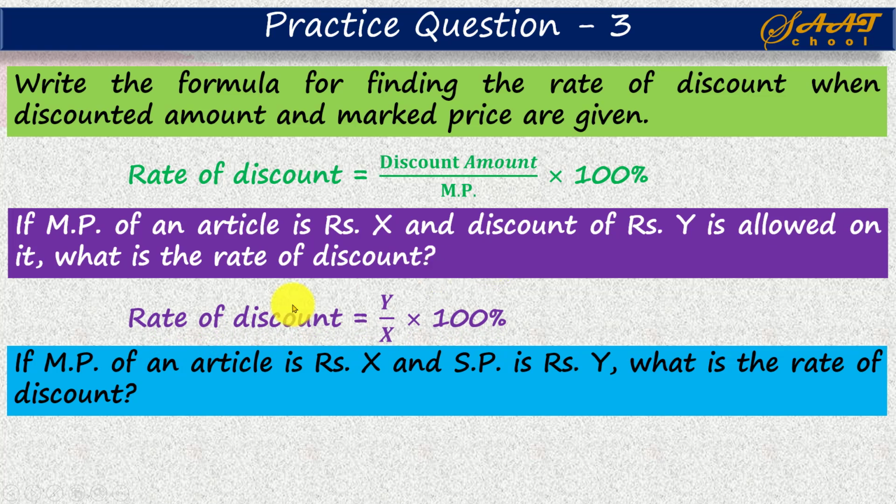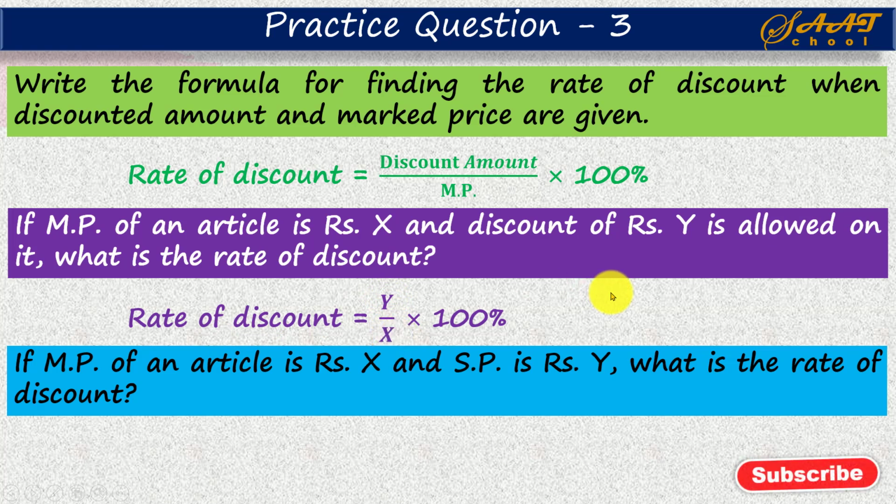Now you can write rate of discount is Y by X, because Y is the discount amount and X is the MP. If you compare these two, this is the formula for rate of discount and this is the relation in terms of X and Y. Again, discount amount here is Y and MP is X. So rate of discount is Y by X.